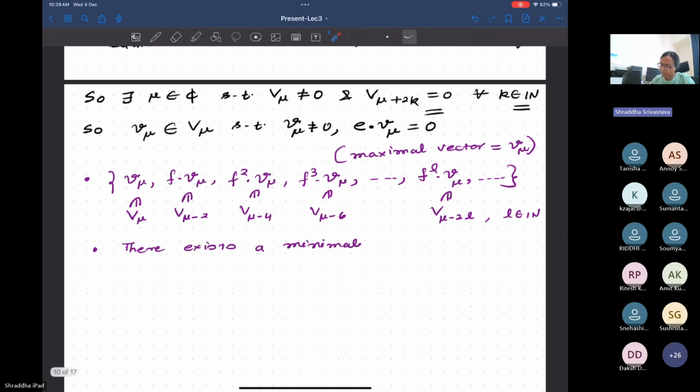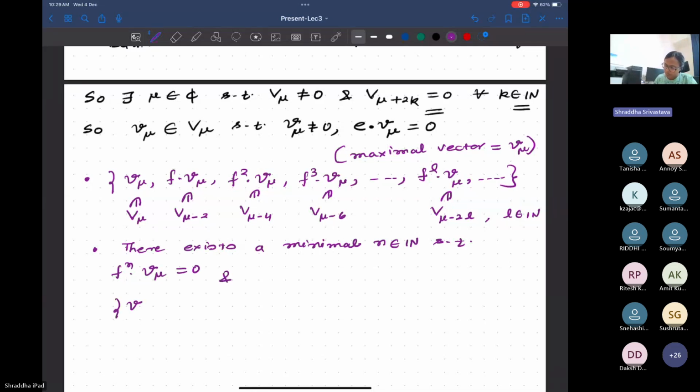It cannot happen that this is zero but the next becomes non-zero, because we are applying all powers of F. If something is non-zero, it will be in a continuous fashion. So there exists a minimal n such that F to the n V mu is zero, and this is important.